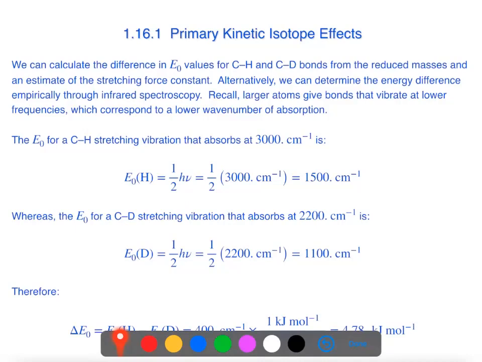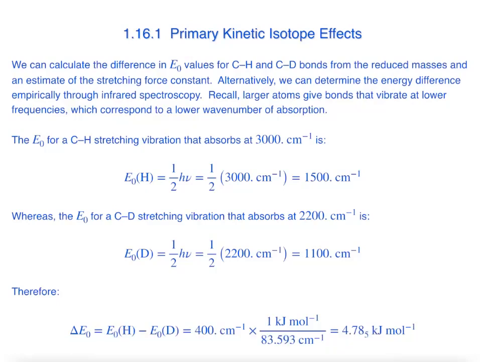So for example, the zero-point energy for a CH stretching vibration that absorbs around 3,000 wave numbers can be calculated as follows. The zero-point energy for that stretching frequency will be 1,500 wave numbers, 1/2 of that stretching vibration. Whereas the zero-point energy for a CD stretching vibration that absorbs around 2,200 wave numbers will be equal to 1,100 wave numbers. Again, 1/2 of that frequency.